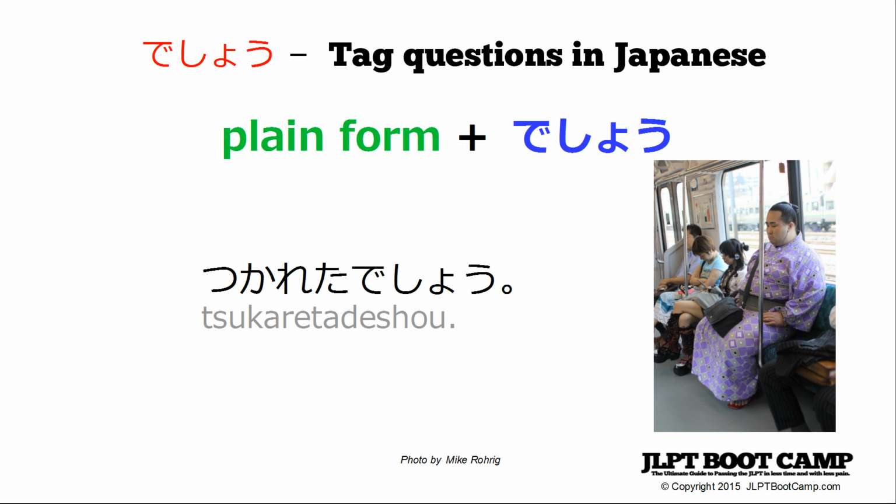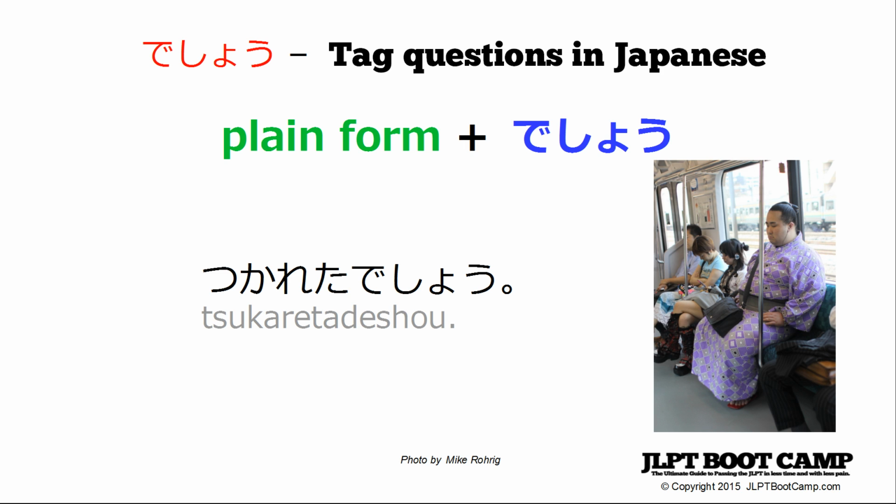And if you remember, there's also the particle ne that's used as a tag question as well. And you could also say tsukareta ne. And it's more forceful. You're more certain, and you're wanting more of an agreement.